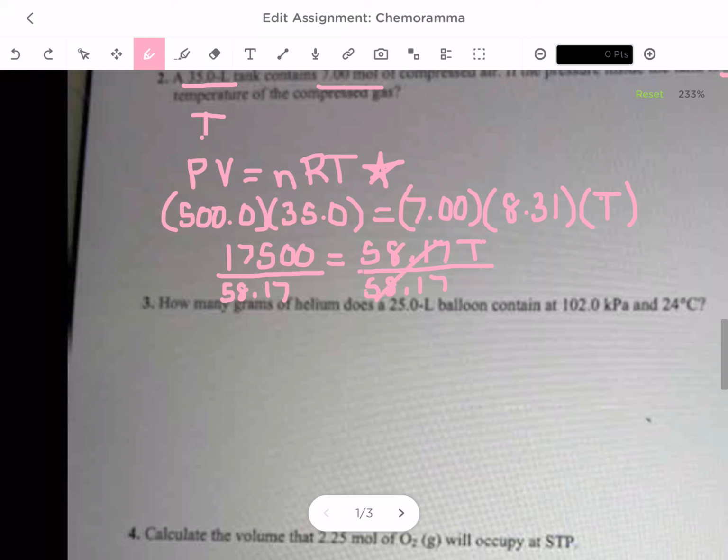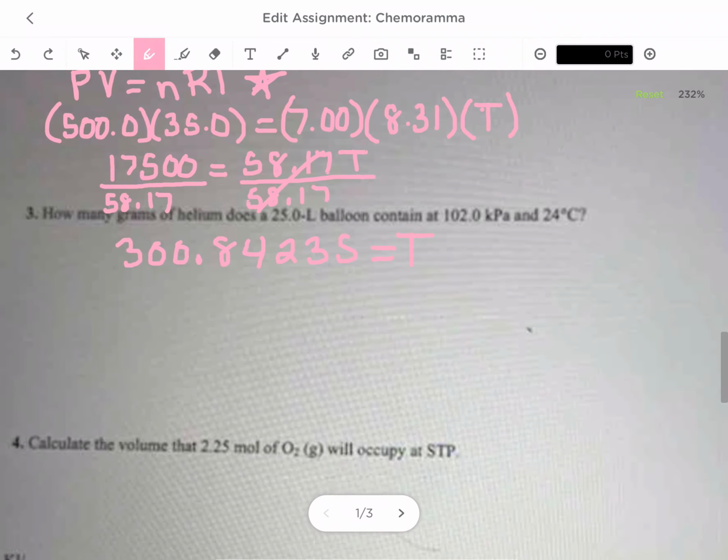So the answer, 300.8423 equals T. I'm trying to get rid of that little line. Okay, equals T. So that's what we have.